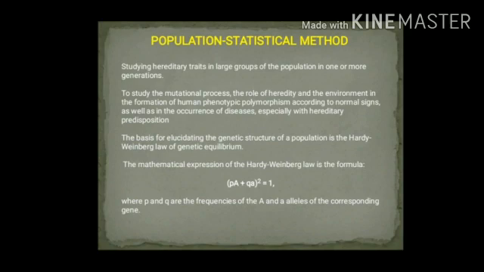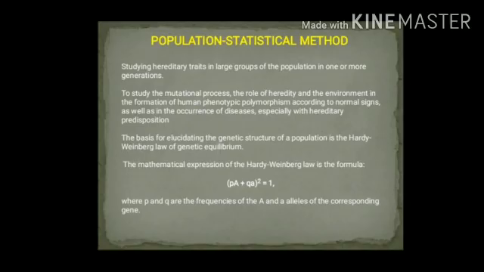The mathematical expression of the Hardy-Weinberg law is this formula: (P big A plus Q small a) all squared equals 1. In this formula, we use P and Q as frequencies of the big A and small a, or dominant and recessive alleles, of the corresponding gene.